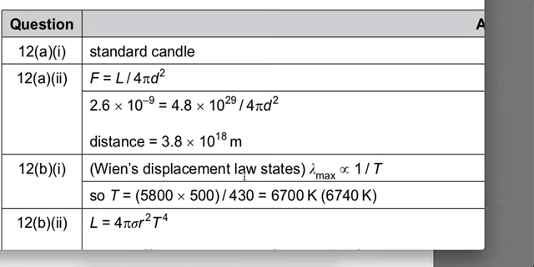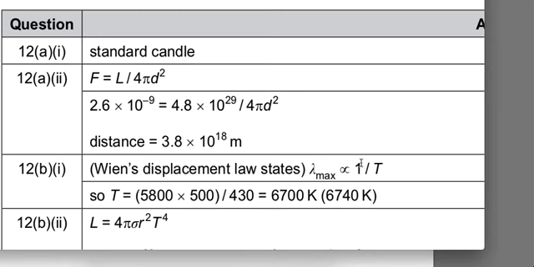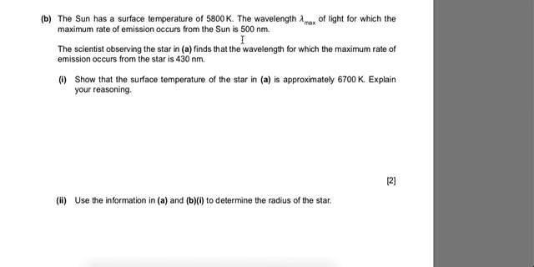Using Wien's displacement law, λ max is proportional to 1/T. So T is equal to 5800 times 500 over 430. 5800 is given to you, 430 is also there, and 500 is also there. So 5800 is multiplied with 500 and divided by 430.